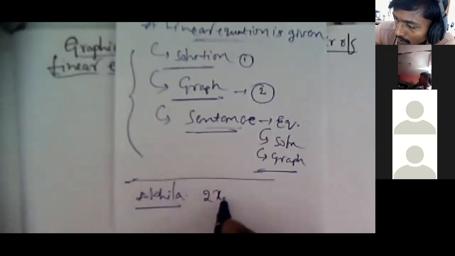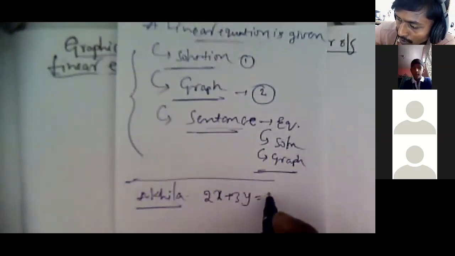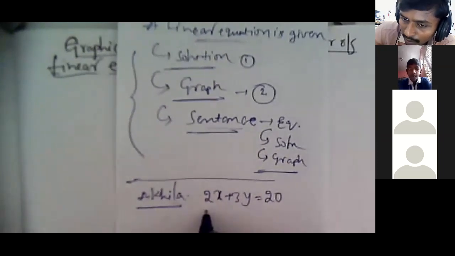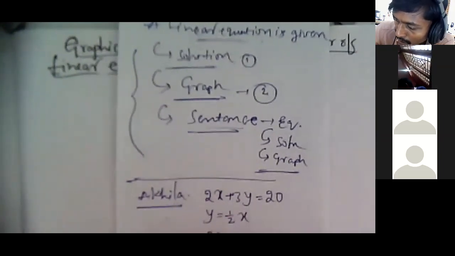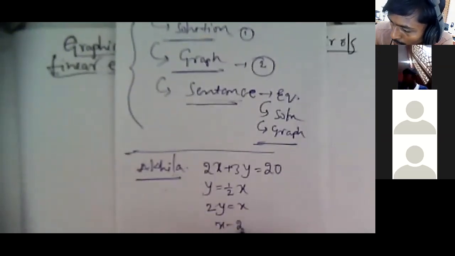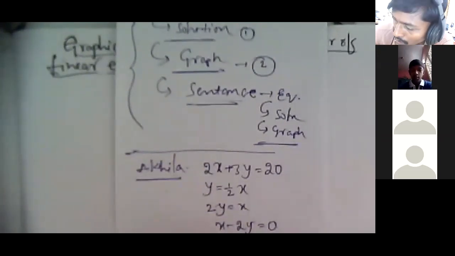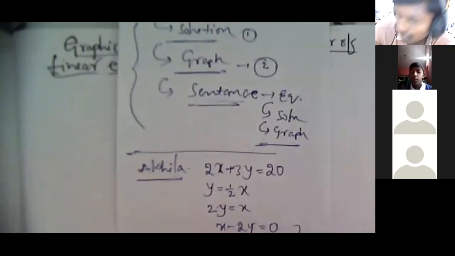Next equation: y equals half of x. It means 2y is equal to x. Therefore, x minus 2y is equal to 0. And 2x plus 3y is equal to 20. Yes, these are the equations.